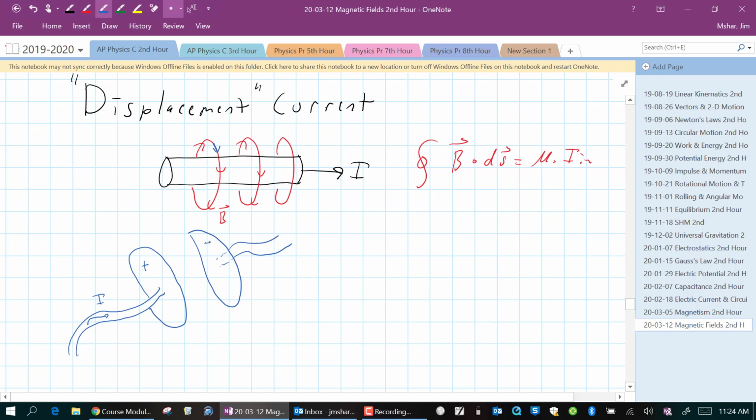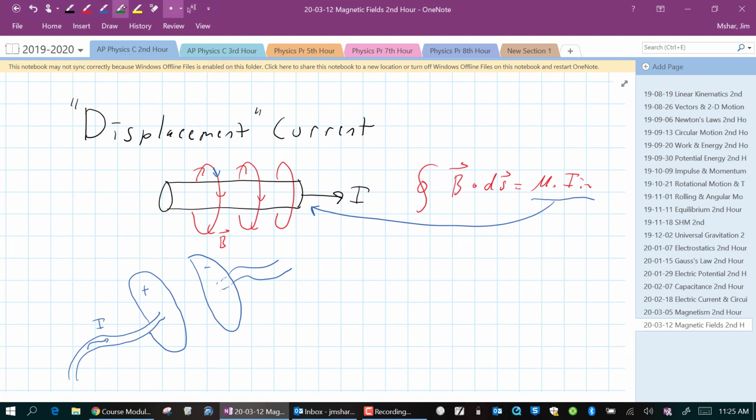Okay. Well, looking back at Ampere's law, we have mu naught I in. And I in is how much of this current passes through, or pokes through, the area bounded by the path that you chose.